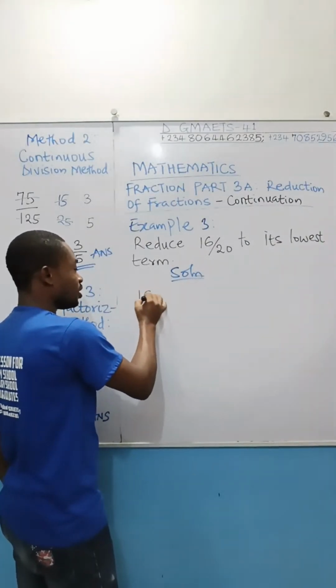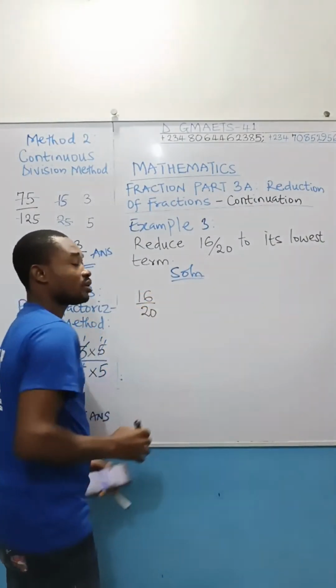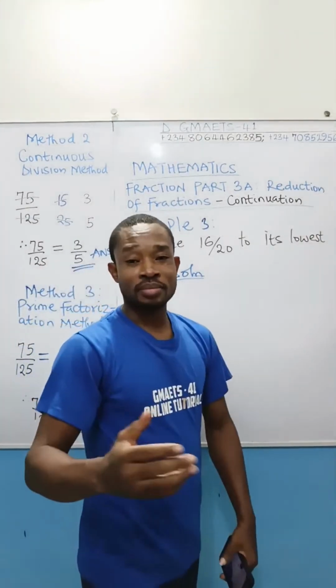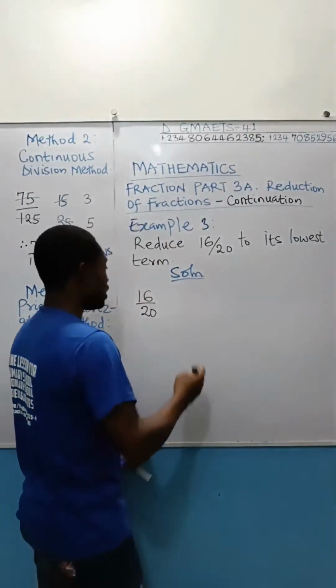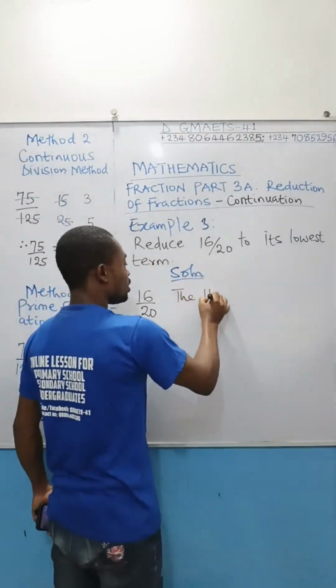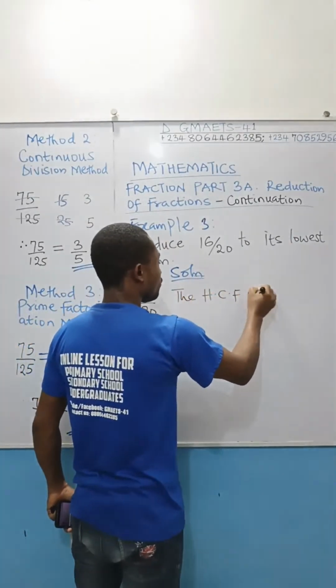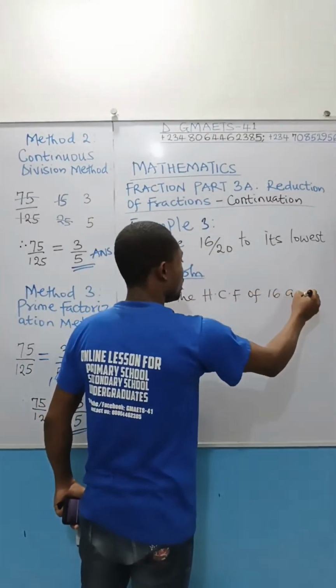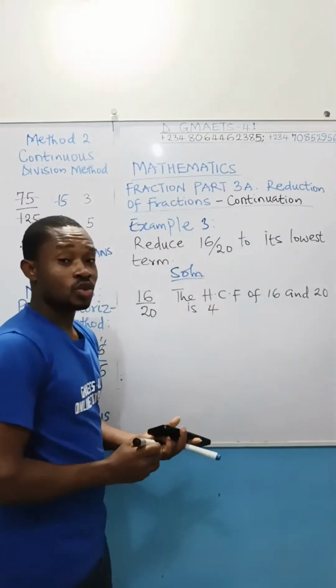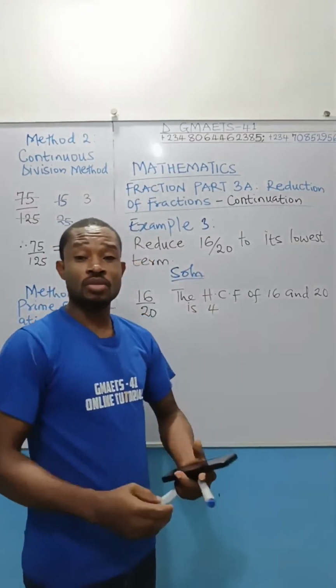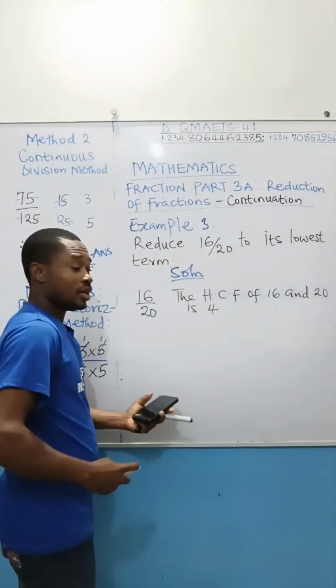We have 16 over 20. I'll be using method 1 and method 2, the HCF method and then the continuous division method. So I'll write the HCF of 16 and 20 is 4, which means we are going to use 4 to divide the numerator and the denominator.